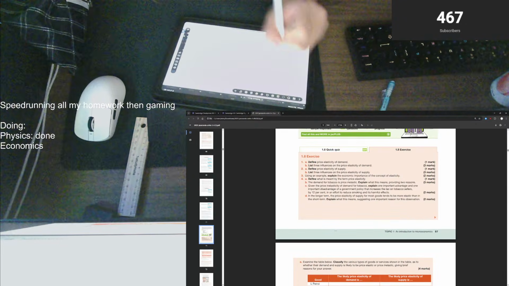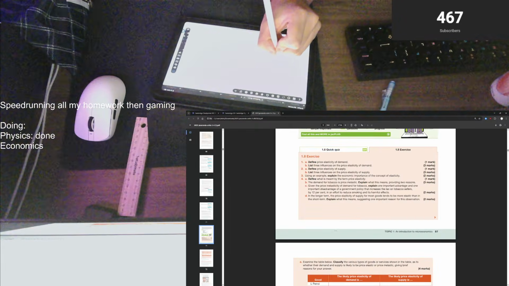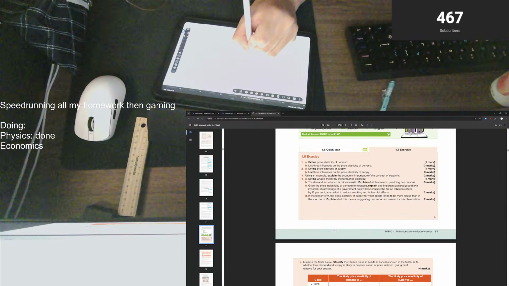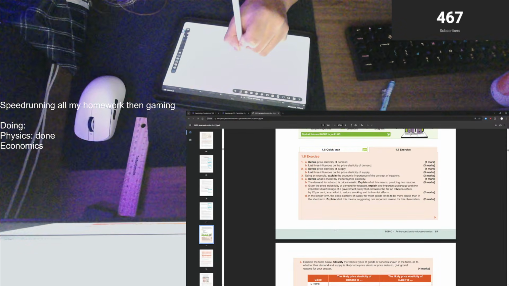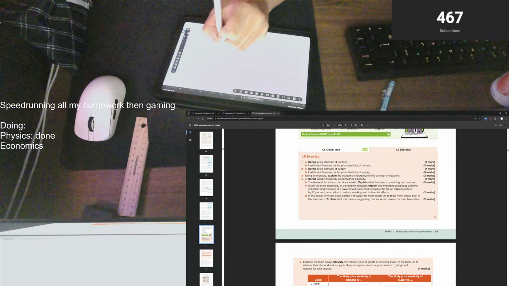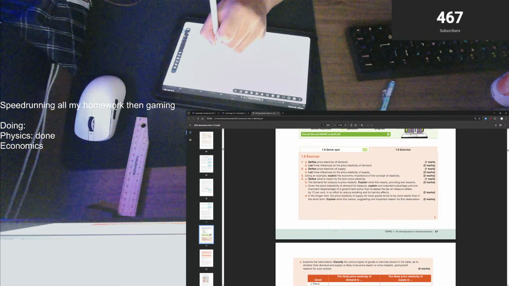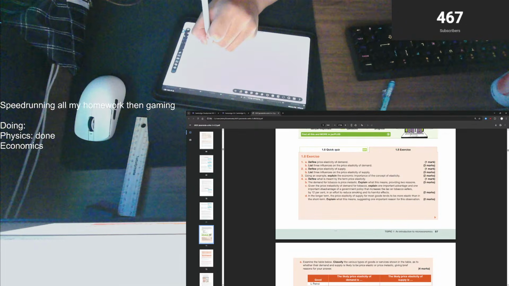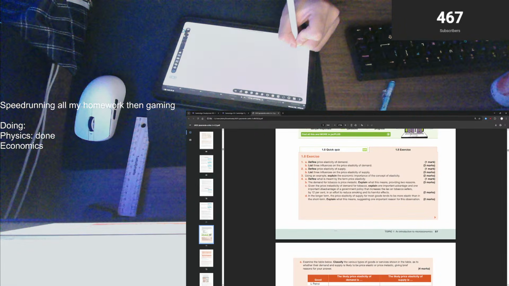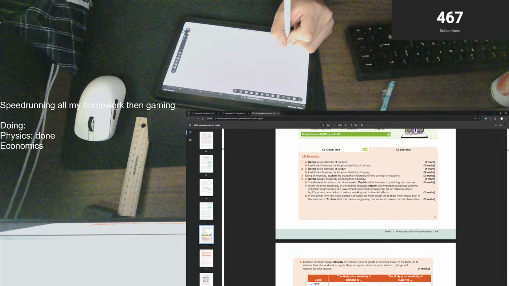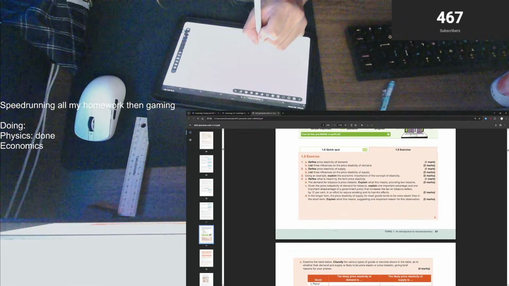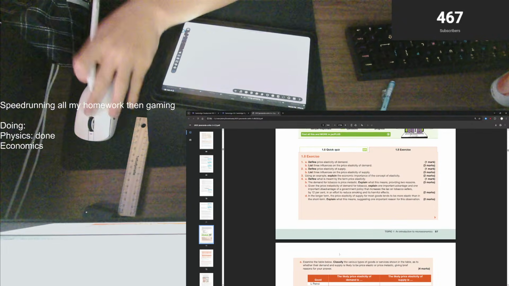Whereas in the long term, firms can improve productivity faster. Okay.